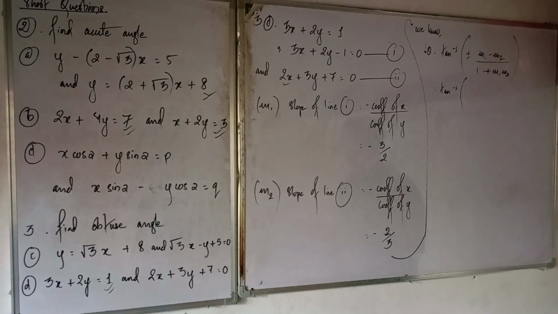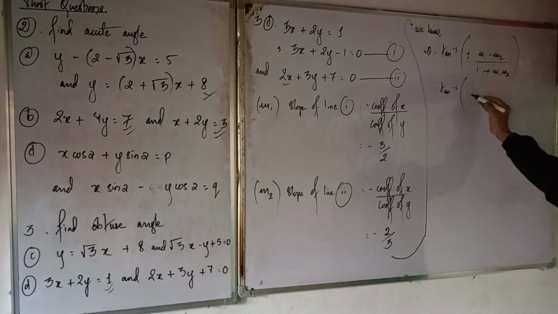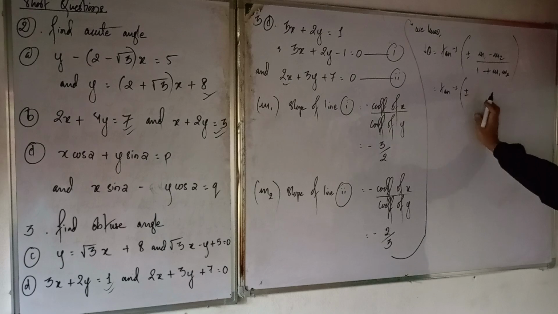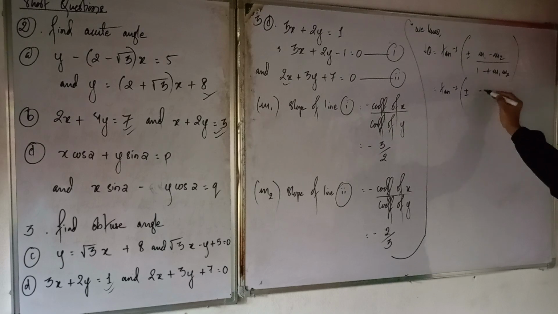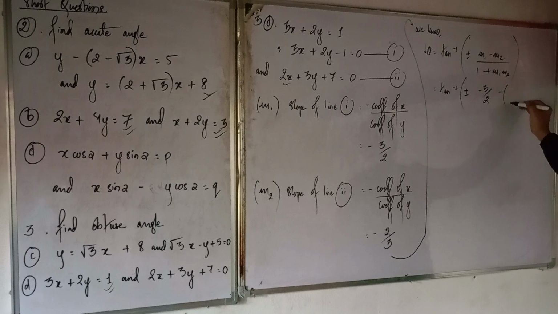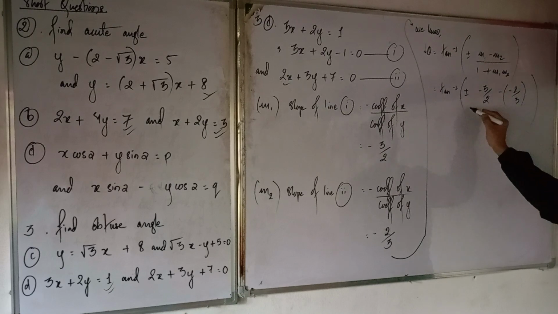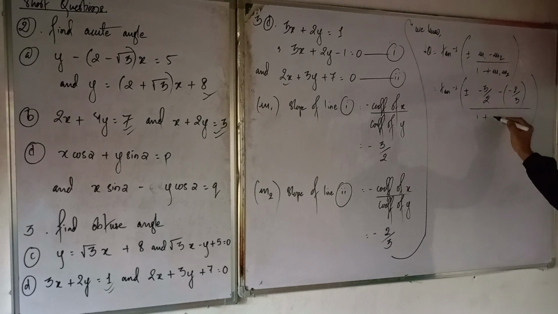It's easy to remember, and you will not forget it. So m1 is minus 3 by 2, and m2 is minus 2 by 3.